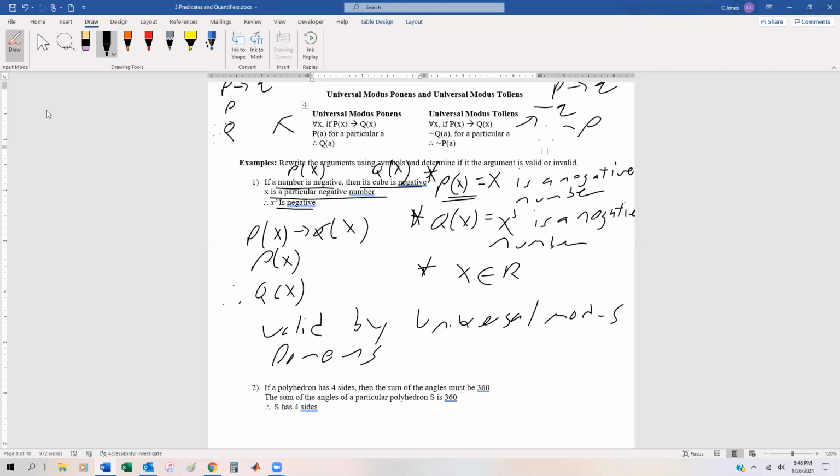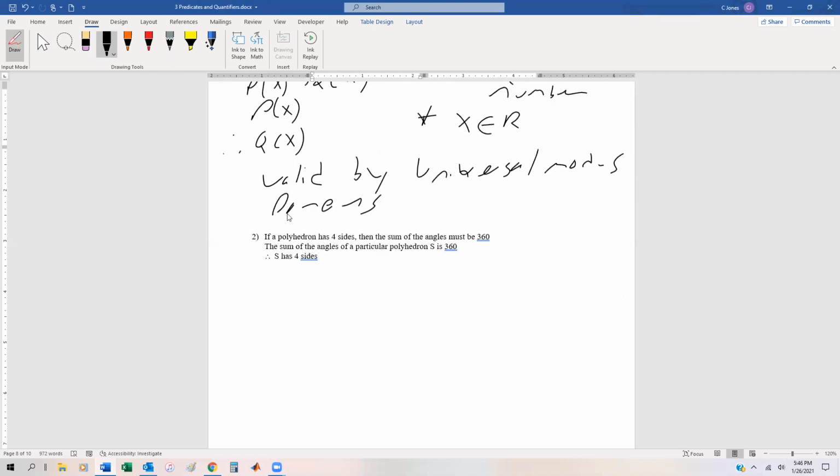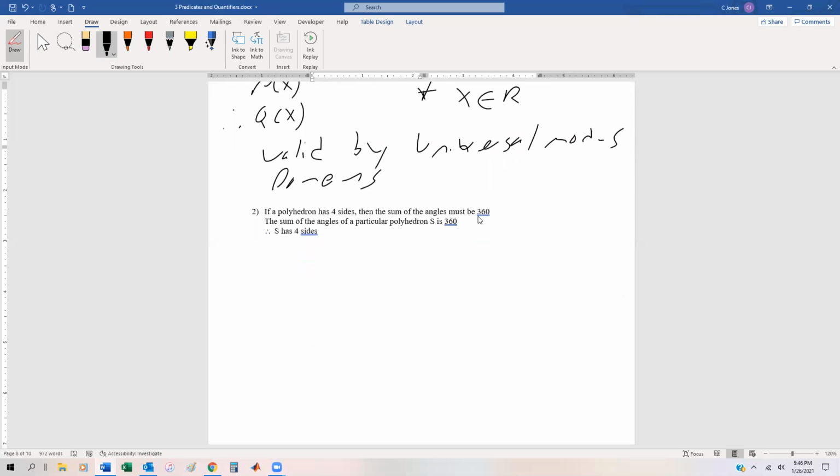A second example: if a polyhedron has 4 sides, then the sum of the angles must be 360 degrees. If the sum of the angles of a particular polyhedron S is 360 degrees, therefore S has 4 sides.